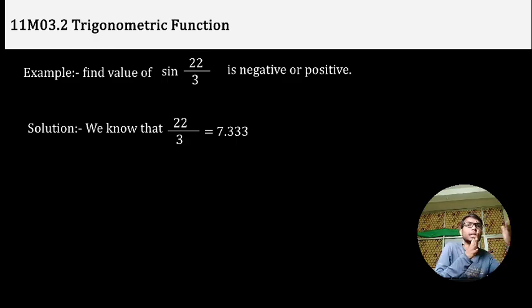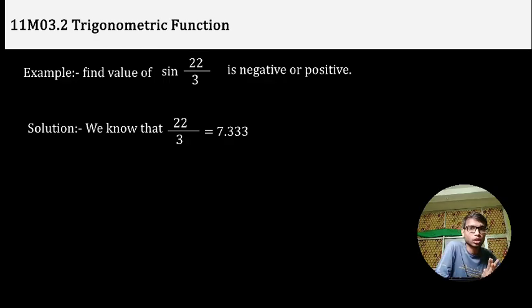Any number greater than 270 and less than 360, only cos and secant will be positive. Except for these, all the remaining trigonometric functions will be negative.